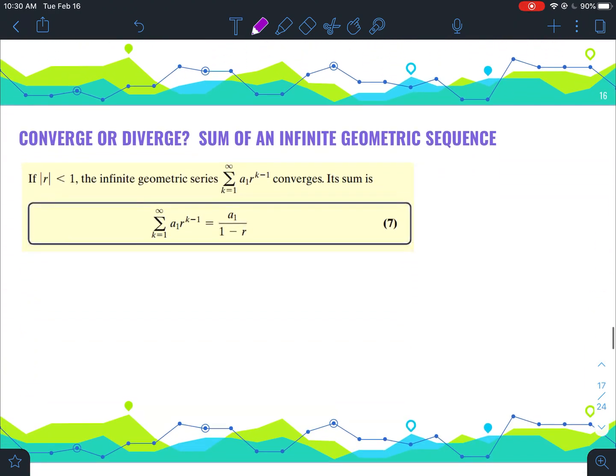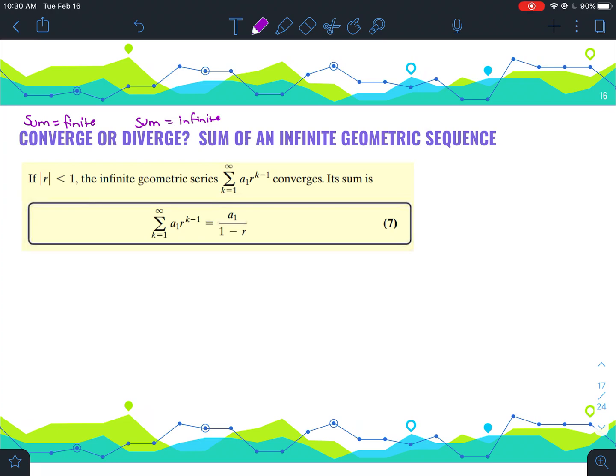So will a geometric sequence, when you sum it, converge or diverge? Converge means that the sum will equal a finite number. Diverge means that the sum would equal an infinite number, meaning that it wouldn't become finite. The sum would be infinity or negative infinity.